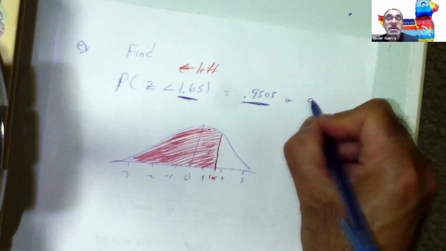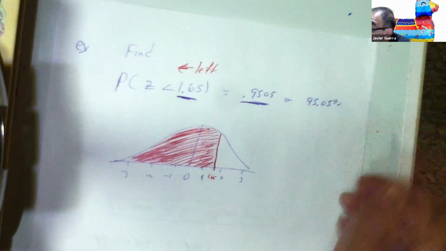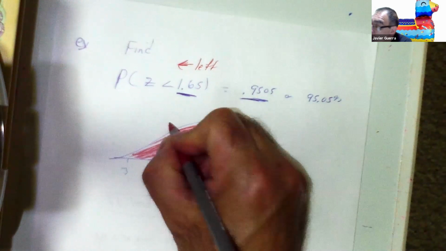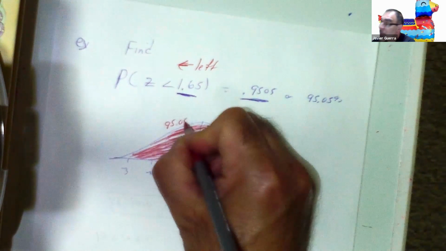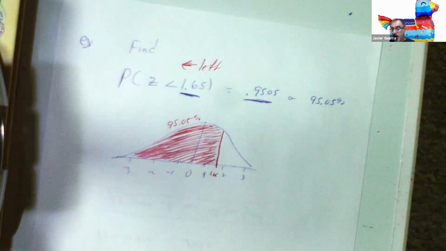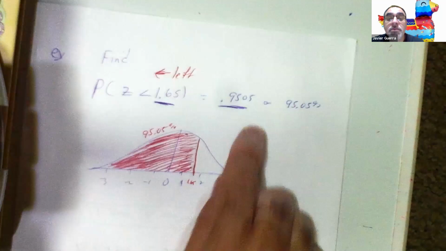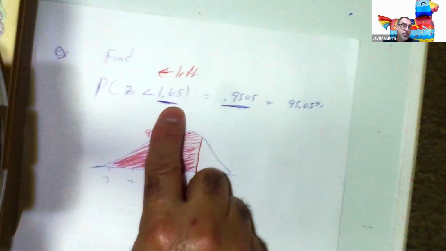And that's what the shading is. That shading covers 95.05% of the graph. Of course, I didn't draw it nice. It should have been more colored in, but that's it. That's all you do. We just type it in, they get the answer, round it to 4. There's your result.